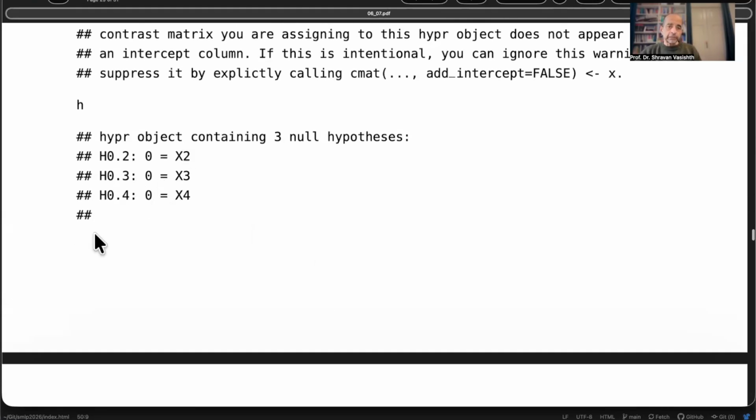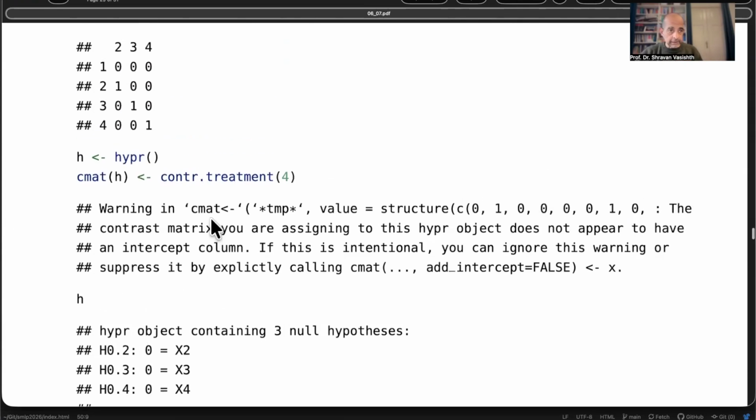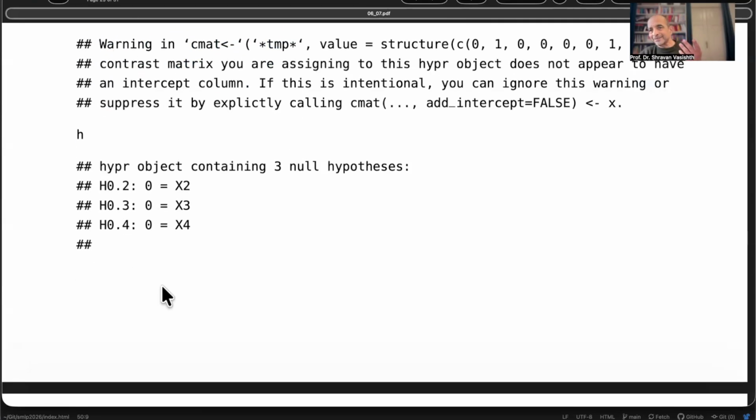So anyway, but what does the hypr object now contain? Now that you've put in these 3 null hypotheses, right? I'm comparing 2 with the baseline, 3 with the baseline, 4 with the baseline. So what it surprisingly produces is, because the intercept is not there, right? Its first hypothesis is that the second level's mean is 0.